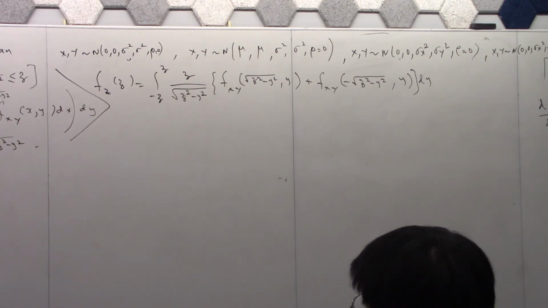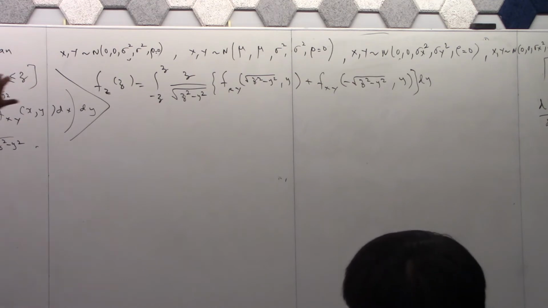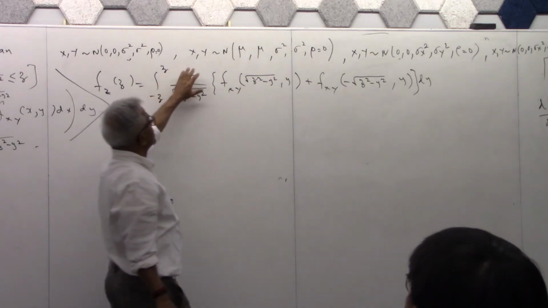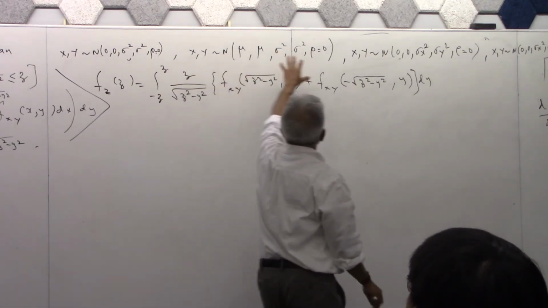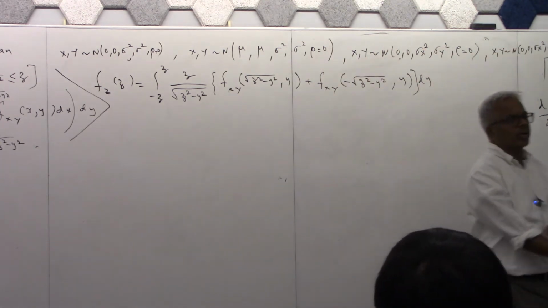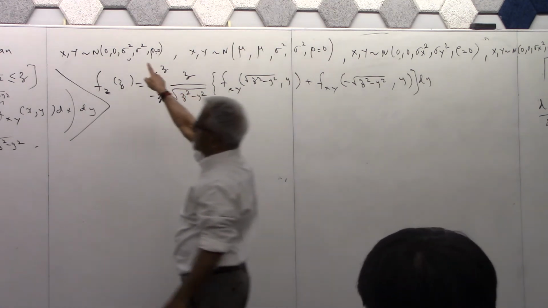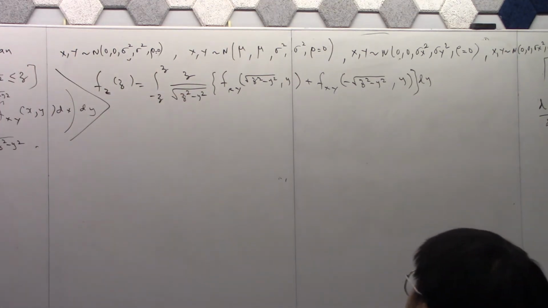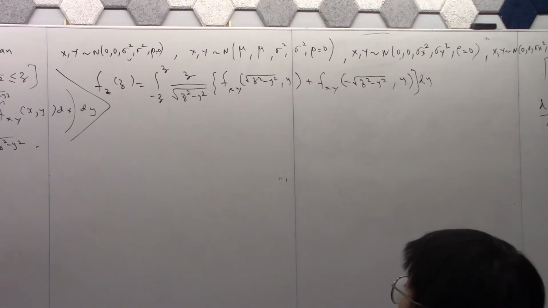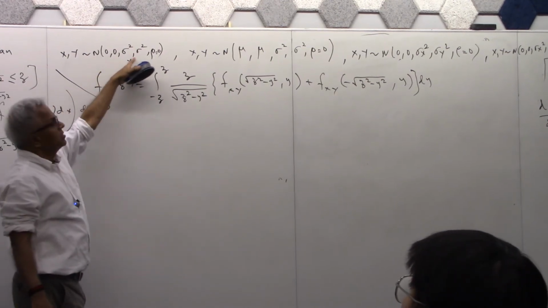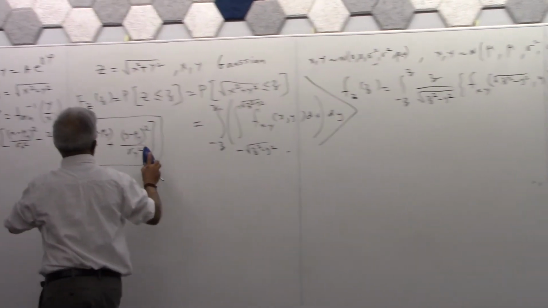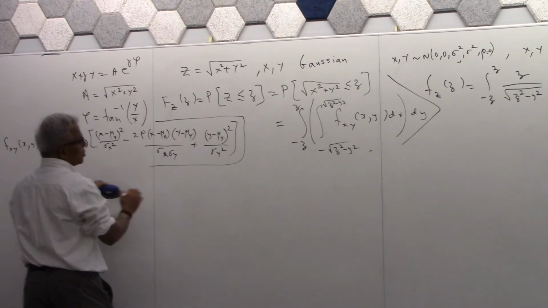Now this is the formula you will be substituting, but now for each of these cases, I'm going to do one or two cases here, and the rest you do at home. So let me do the simple case. Look here, rho is 0, zero mean and same variance. So I'm going to come back here to our density function.